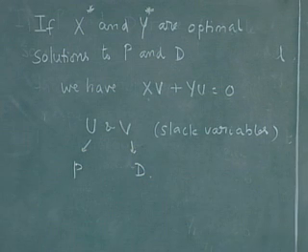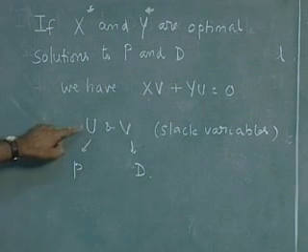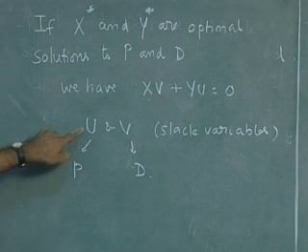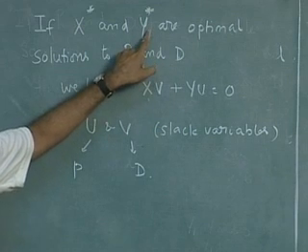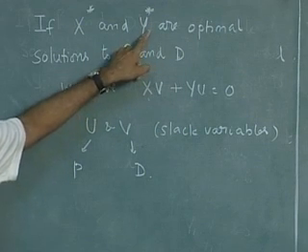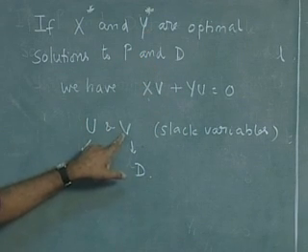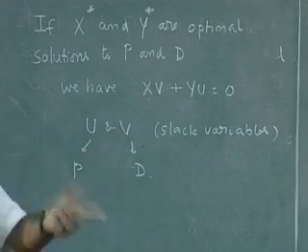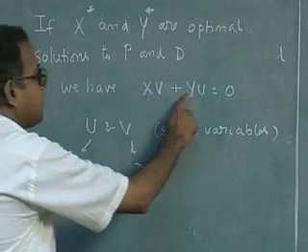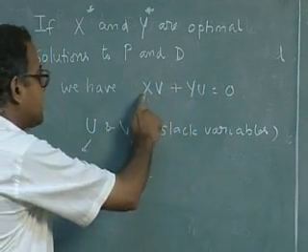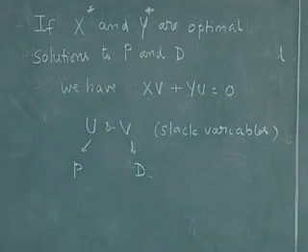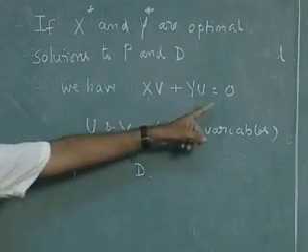So, x is the vector of decision variables for the primal, u is the vector of slack variables for the primal, y is the vector of decision variables for the dual, and v is the vector of slack variables for the dual, then at the optimum x into v plus y into u equal to 0, where x, v, y, u are all vectors and this is a dot product.